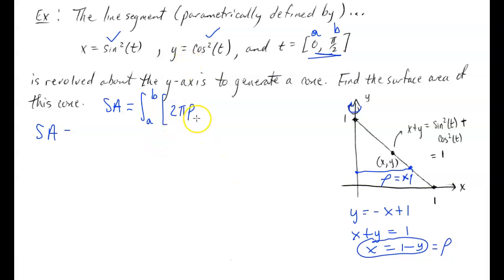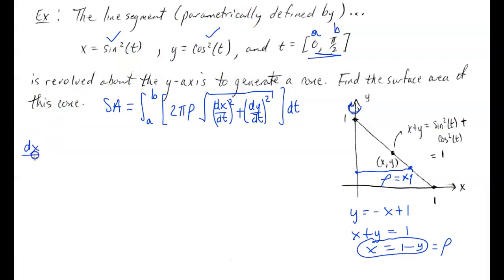All right, so we also need to find out what the derivative of x with respect to t squared is, and what the derivative of y with respect to t squared is, and then all that under the square root. So here, since we already know what rho is going to be, we just need to figure out what the derivative of x is and then square it, and the derivative of y and then square it. Okay, so let's go ahead and do that now.